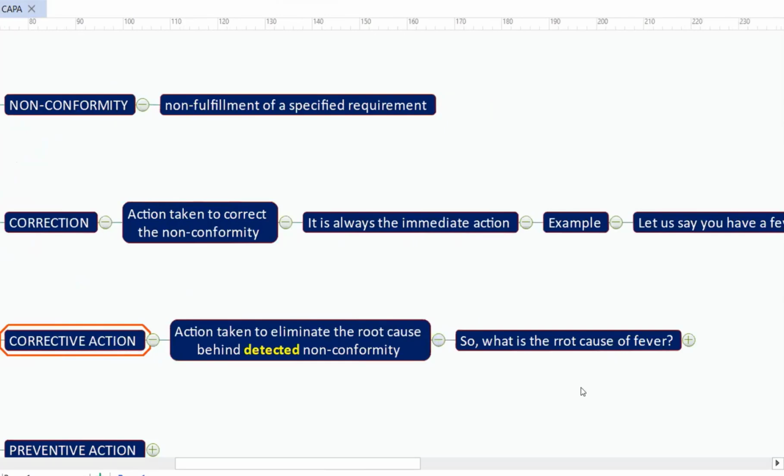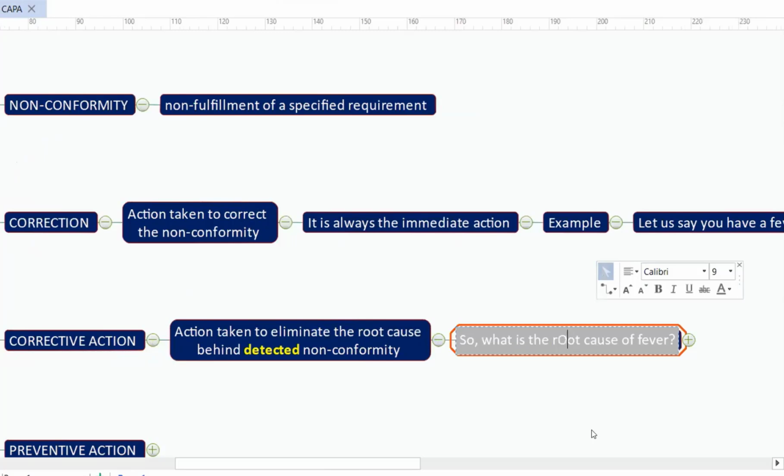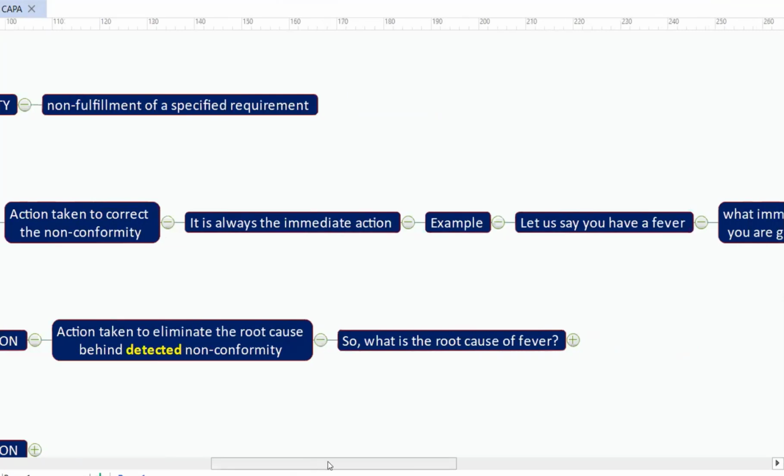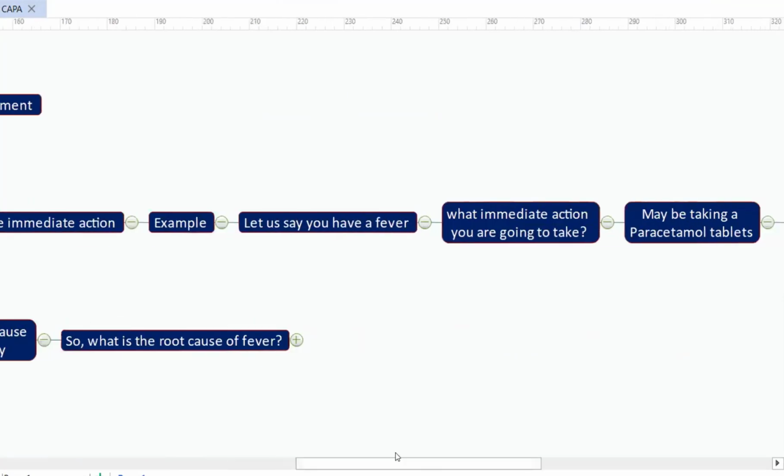So, what is the root cause for the fever? Think in your mind and let me know. Okay, no worries. There could be different root causes, and unless and until you visit the clinic, that cannot be identified.